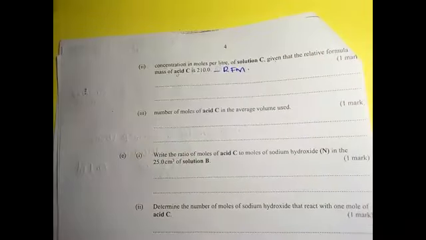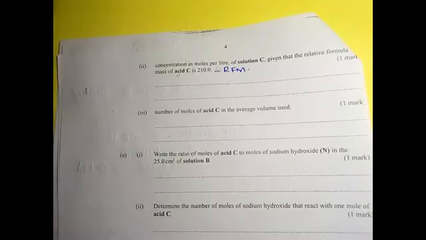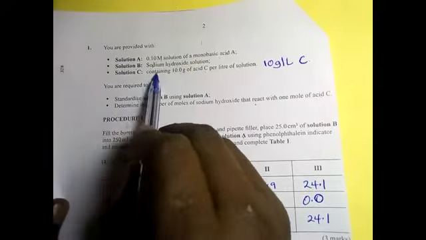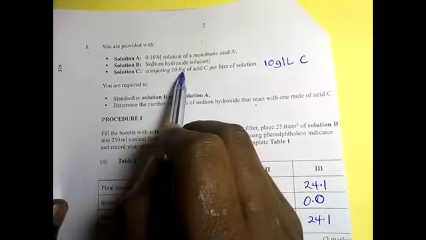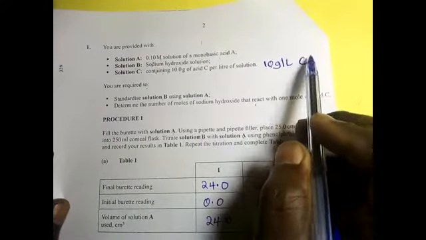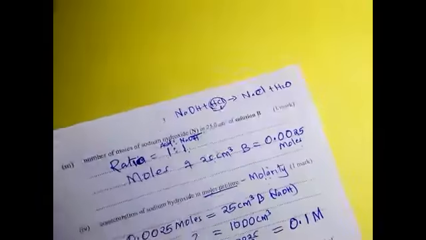But remember, I want to show you what we are supposed to know. Solution C, how was solution C prepared? It contains 10 grams in 1 liter. So we have mass in grams per liter of solution C already. Therefore, it becomes easy on how to handle this one.